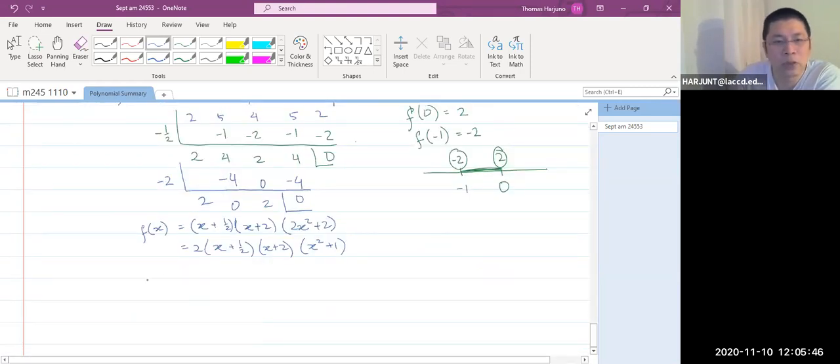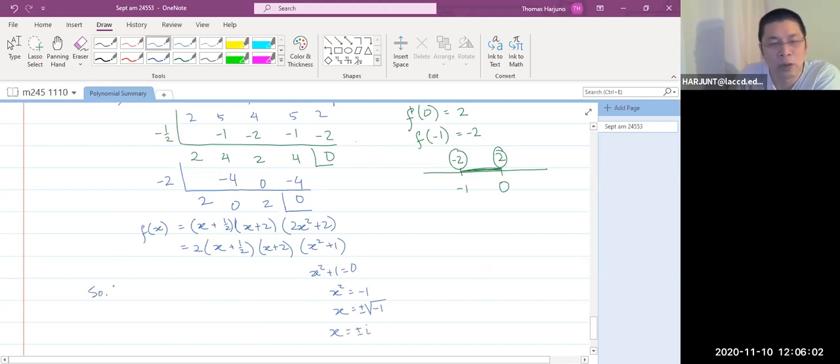So the zeros are, you see this guy here, x squared plus 1 equals 0. Solve that further. So x equals plus or minus the square root of -1. That's plus or minus i.